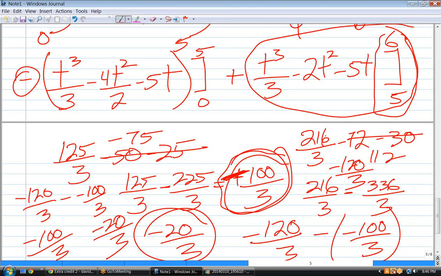6 cubed is 216? Yeah, 36 times 6 is 216. So 216 thirds minus 2 times 36, which is 72, minus 30. So the top, it's 102, not 112.